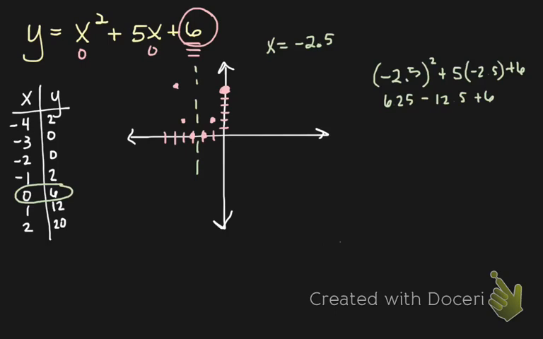Then we can combine all of those together for a grand total of -0.25. So our vertex is going to lie at -2.5, -0.25. So we can go ahead and try to eyeball that point, and now we have a good sketch for our parabola. So once again, the standard form is going to give us the y-intercept of our graph.